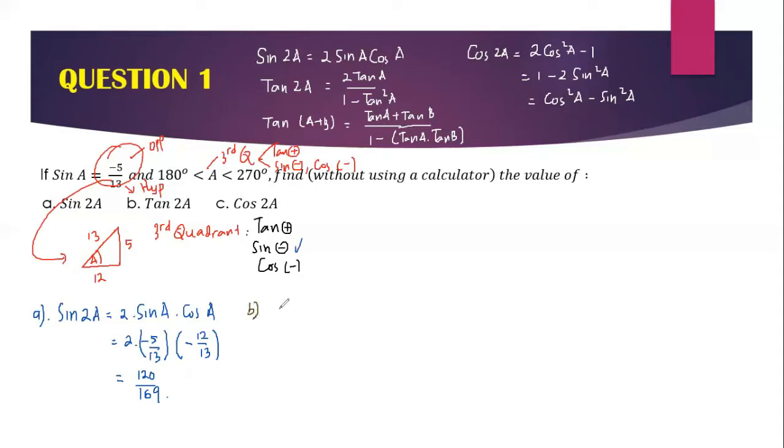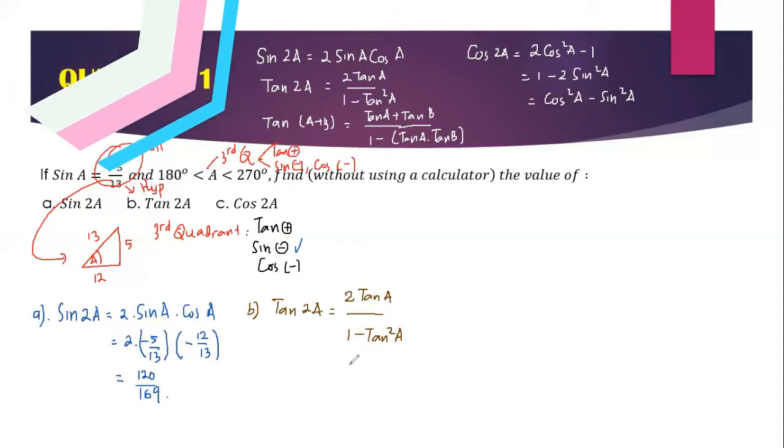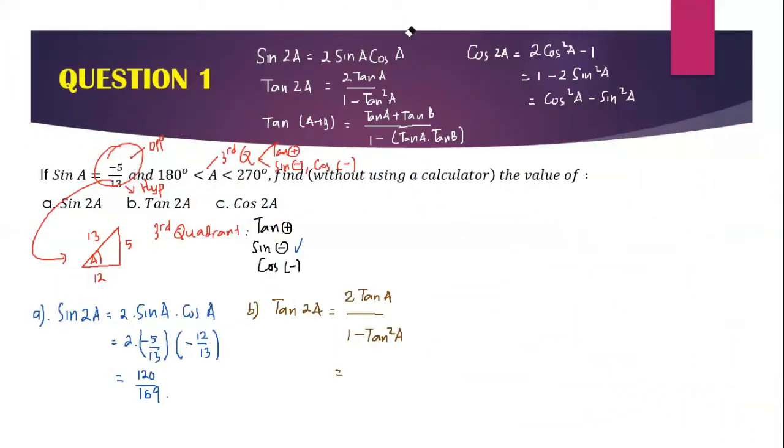Question B. Tangent 2A equals tangent 2A over 1 minus tangent square A, right?